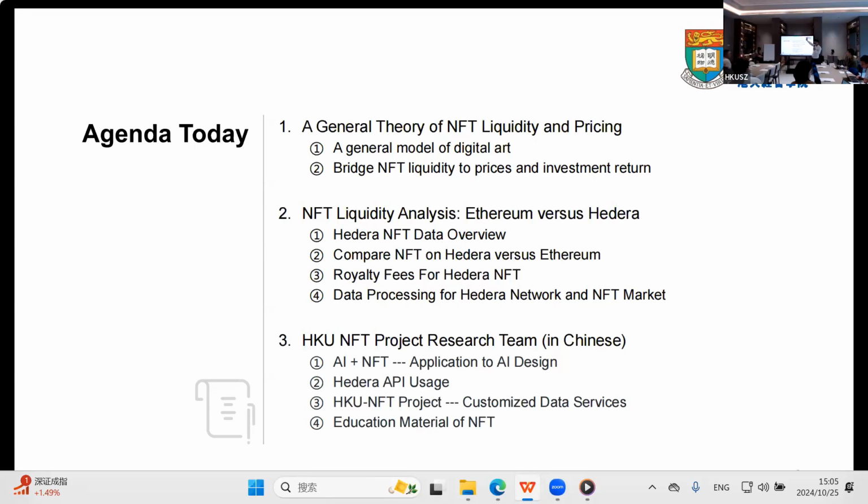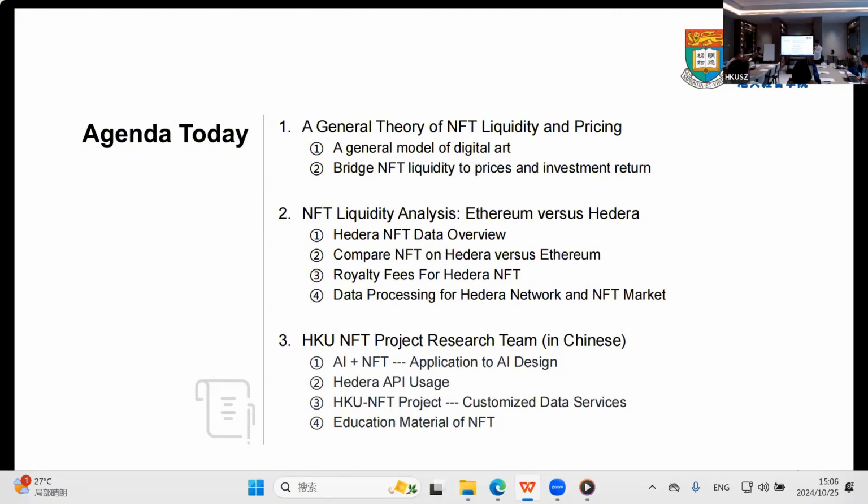So I will only do the academic part, and our team will do the engineering part and the business applications that we are exploring. We will also talk about our research application, how we combine AI with the non-fungible token, and then the data vendor product that we are working on.